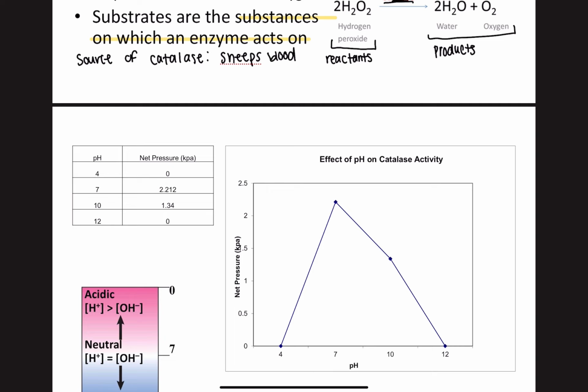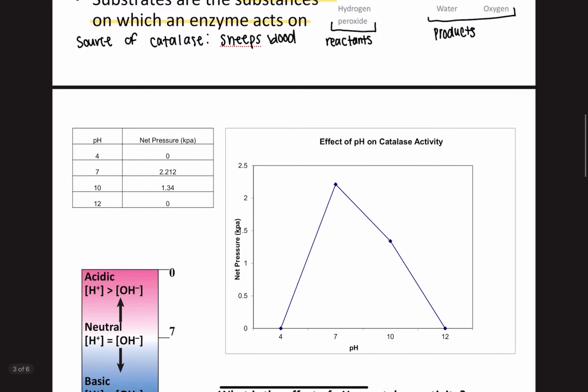So before we actually start to talk about this pH graph, I want to quickly explain how the experiment was set up. To test each condition, whether it was pH, temperature, enzyme concentration, or anything else, we had to use separate test tubes, and we prepared them specifically based on what the variable was that we were testing.